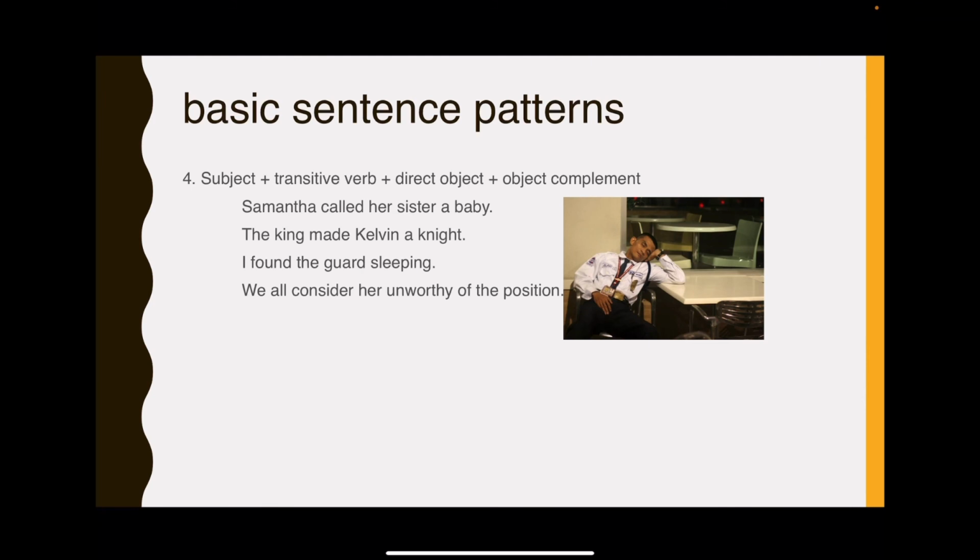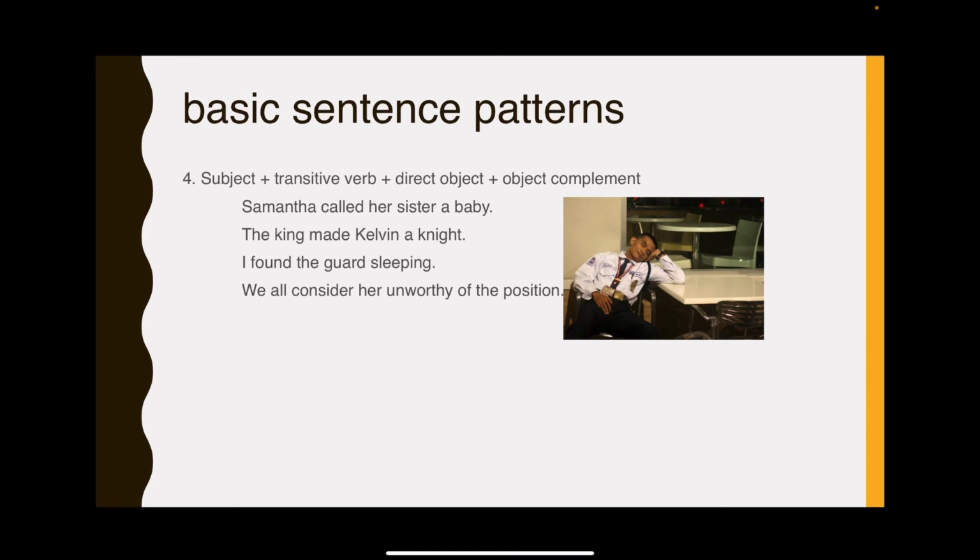We can say "the king made Kelvin to be a knight." So that is another way to make sure that it is the object complement. It's not the object of the sentence. Not just the object, but it's the object complement. It's different. Okay.